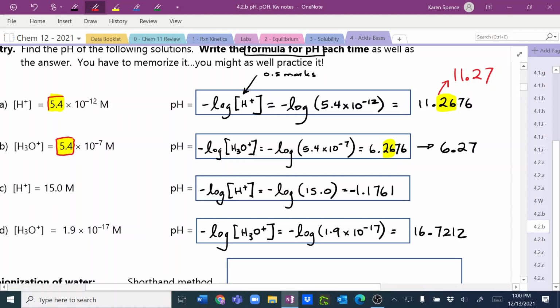I don't know if those are called coefficients. That's what I'm going to call it, the thing in front of the times 10 to the whatever. Do you guys know if there's a name for them? Okay, you don't know either? Okay, we'll call it the coefficient, okay? The coefficient is the same. What do you notice about the pHs that are the same?